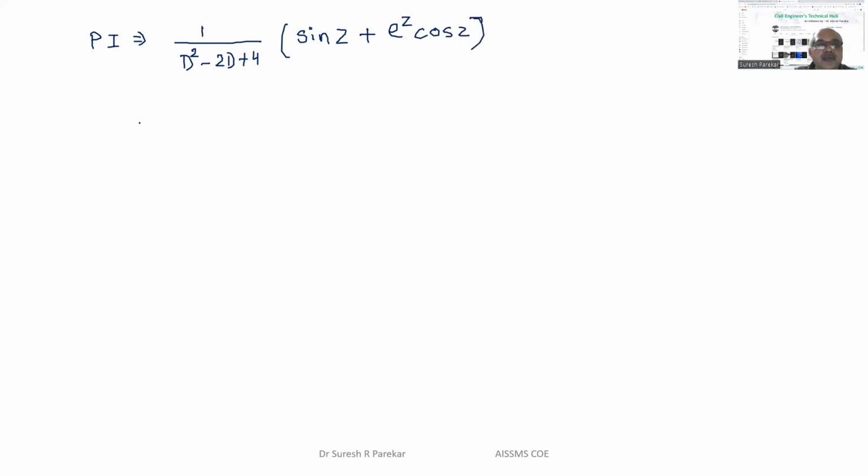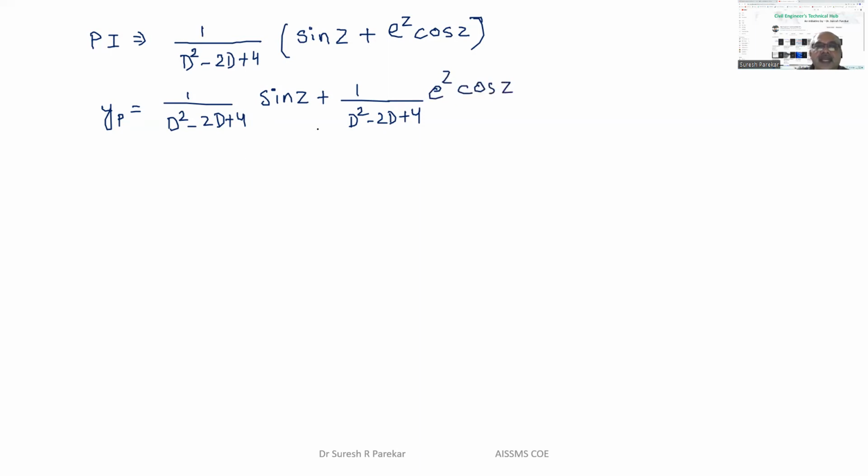So we have to separate the two terms. yp equals 1 upon D squared minus 2D plus 4 acting on sin z, plus 1 upon D squared minus 2D plus 4 acting on e to the power z cos z. Here we can take e to the power z outside, and in the first term put D squared equal to minus a squared.